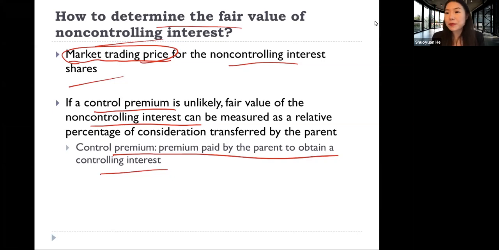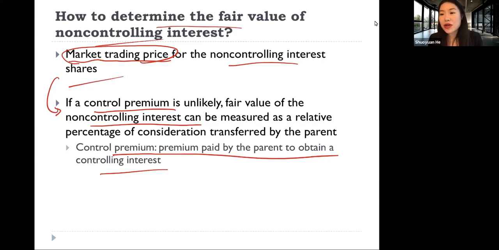For example, if the share is traded at $60 and the parent is willing to pay $70 to obtain a controlling interest in the firm, then the $10 difference is a control premium. So in the situation that the shares are not actively traded, we need to figure out the value of the non-controlling interest.